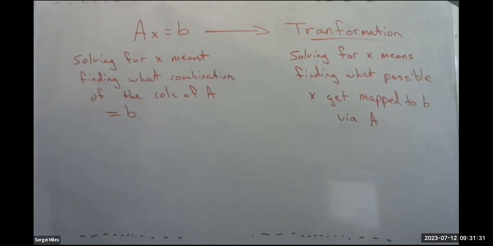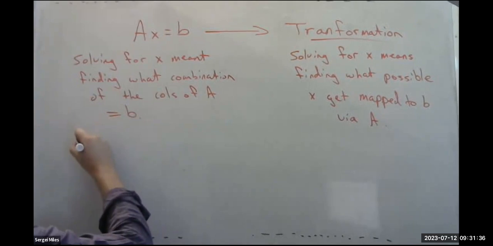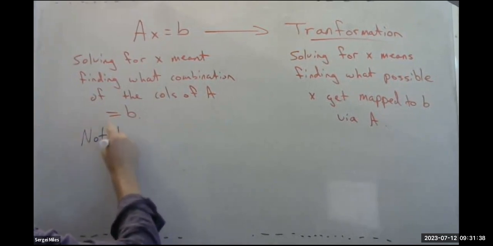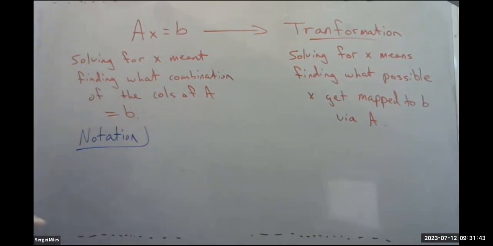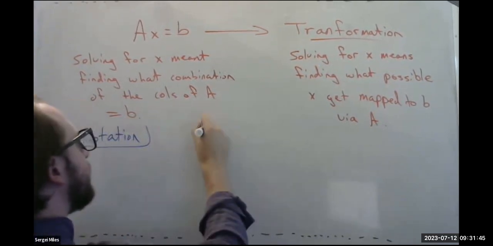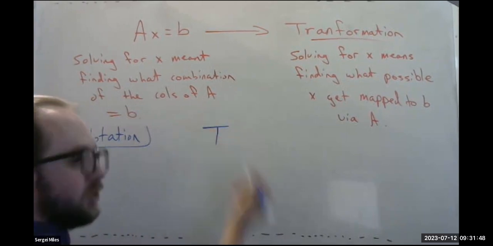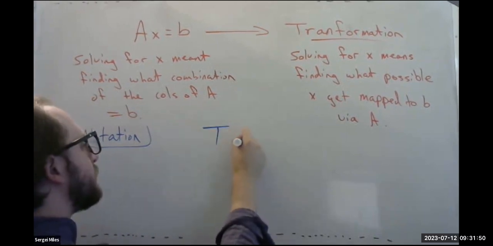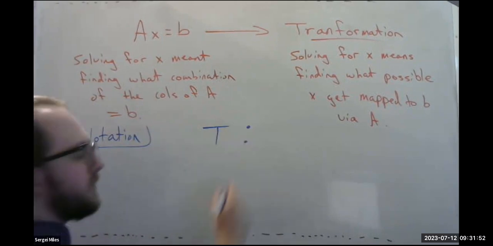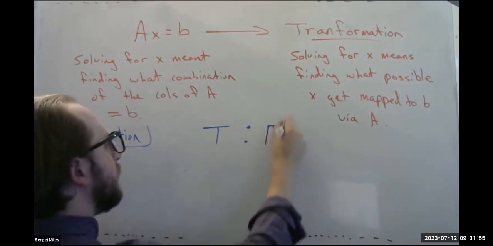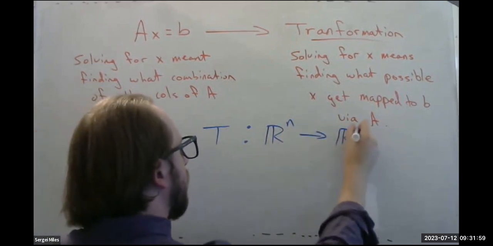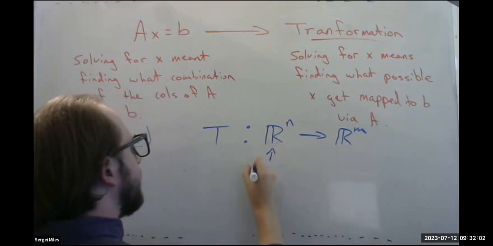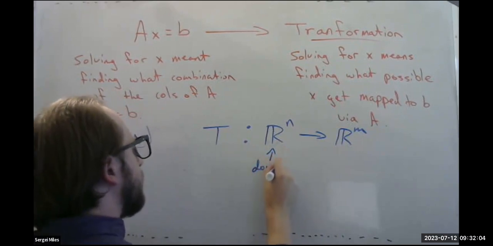So let's look at the notation here. Oftentimes this notation does trip up students the first time they see it, so I want to really spend some time talking about it. We can say capital T is the transformation such that it maps things in Rn into Rm. Rn is then the domain.